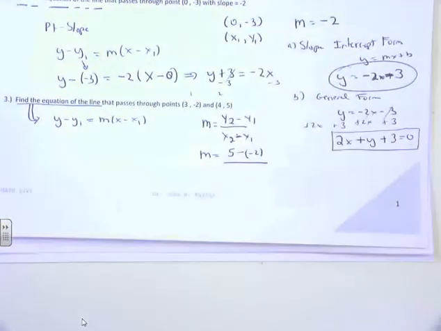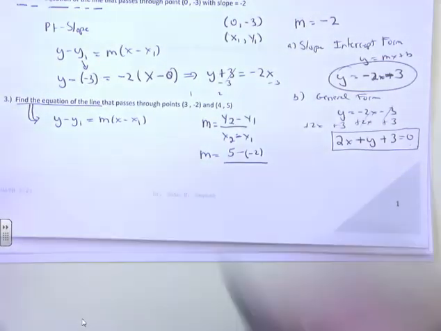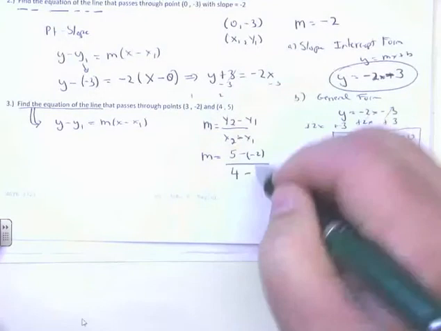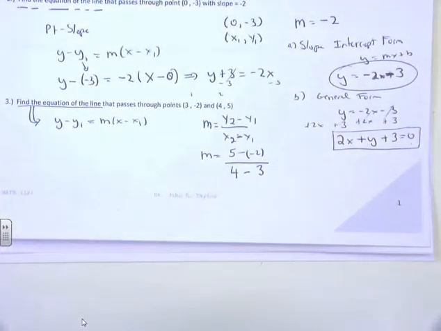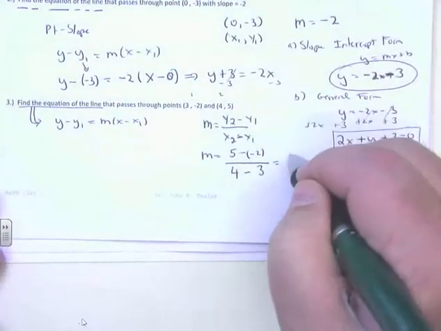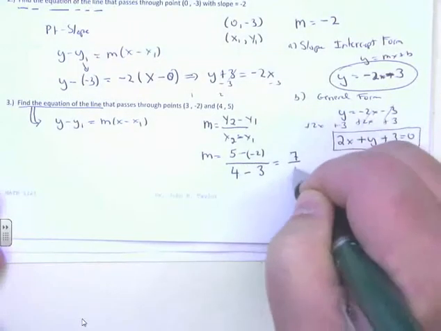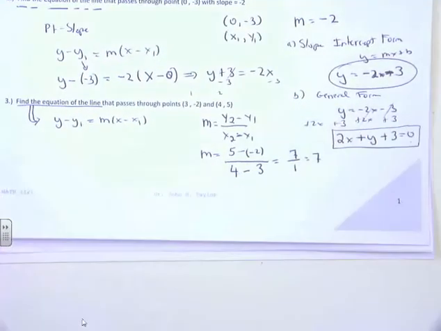Don't screw up, okay? So 5 minus -2 divided by x2, which is 4, minus x1, which is 3. A minus is a positive. That's a 7 over 1, which makes my slope 7. Does that make sense?